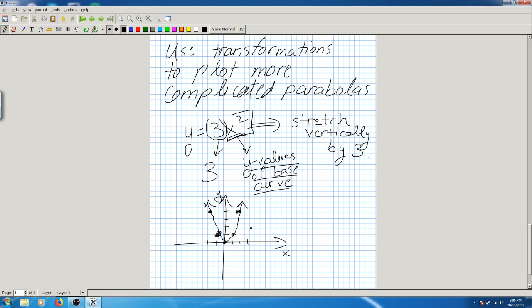I'd take all the y values of my base curve and I multiply by 3.